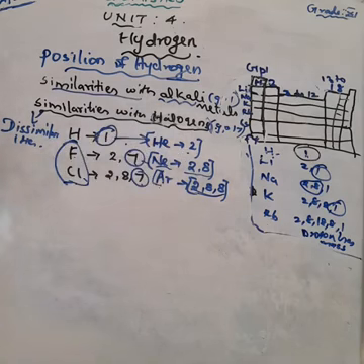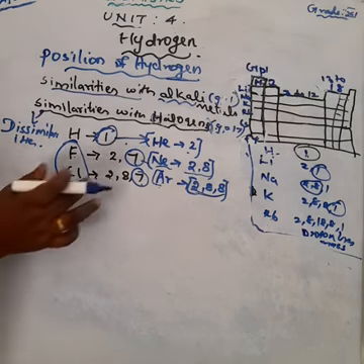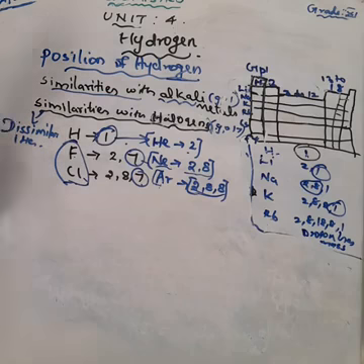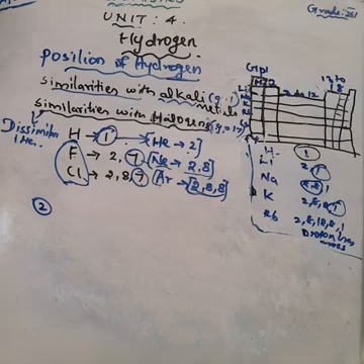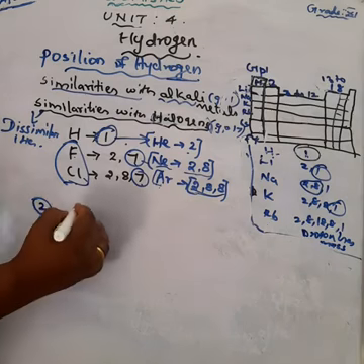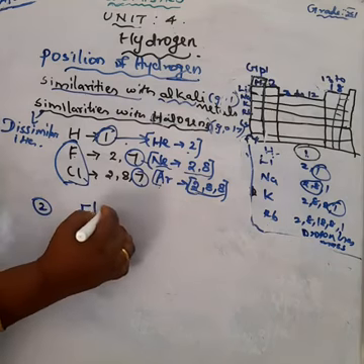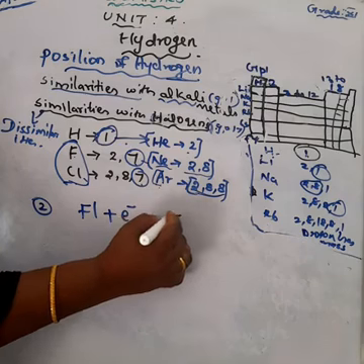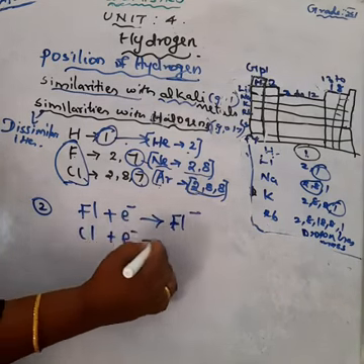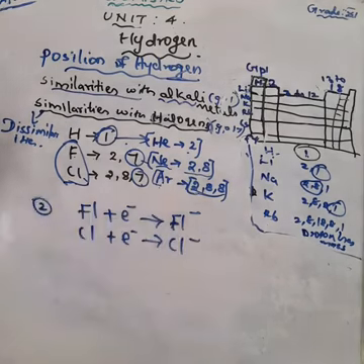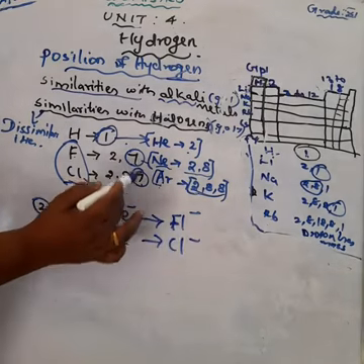Okay, so like all the halogens, hydrogen also tries to get the noble gas configuration. All the halogens gain an electron to complete the octet configuration. Fluorine, chlorine, bromine, all the halogens try to gain one electron because the outermost shell of the halogens has 7 electrons.